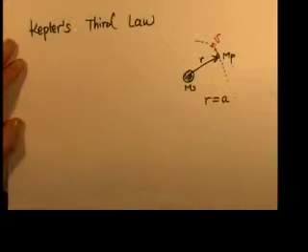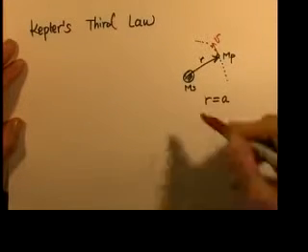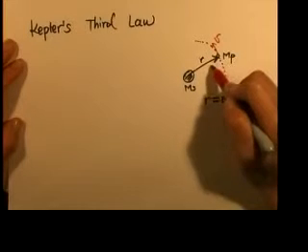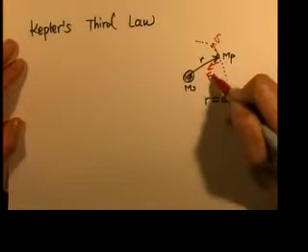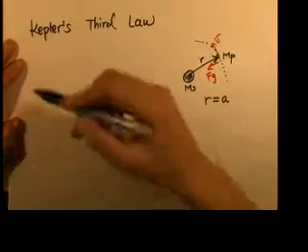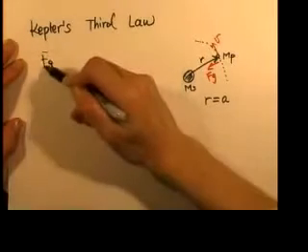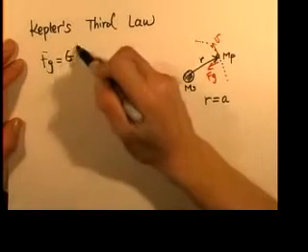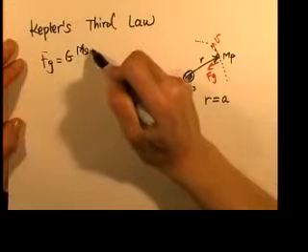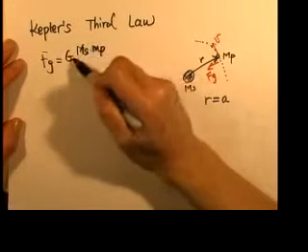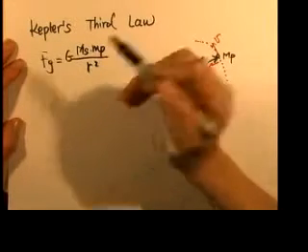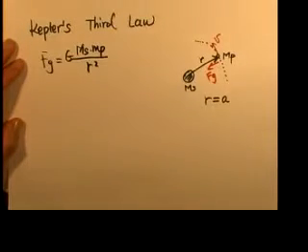First of all, we learned that the Sun will attract the planet with a gravitational force F_g. F_g equals capital G, mass of the Sun, mass of the planet, divided by the separation squared.